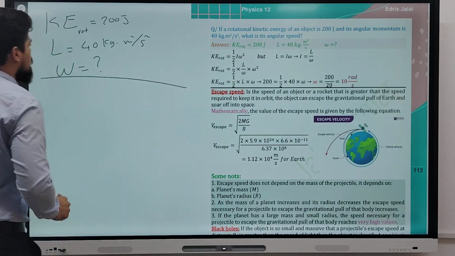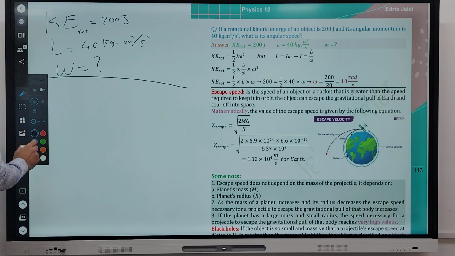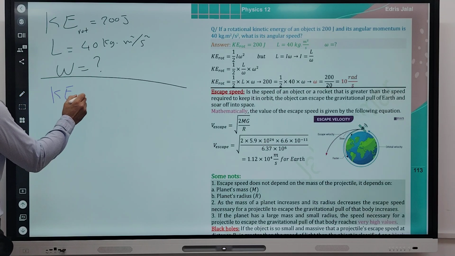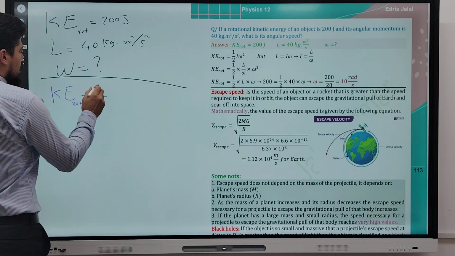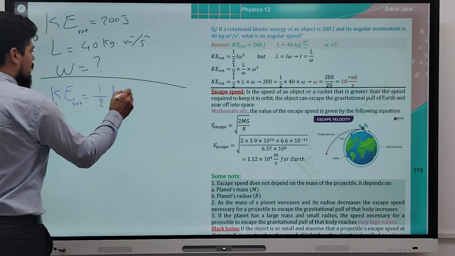Because the angular momentum is given in this question, it means that the angular momentum is constant. So when the angular momentum is constant, you have to use this relation. Rotational kinetic energy is equal to 1 over 2 L omega.